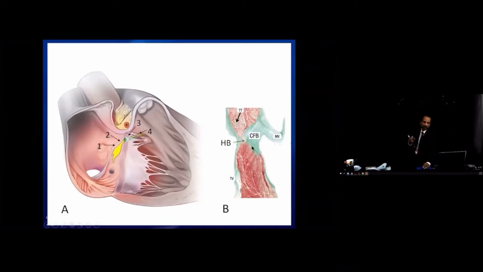If we've gone all the way to the left bundle, that's not bad, because the left bundle is getting stimulated and we can have a retrograde wavefront coming down the right bundle in most patients. If we miss that and we're getting the distal part of the His bundle, we're probably okay. If we're getting the right bundle and there's no left bundle branch block, we're probably okay. It's a narrowish QRS.